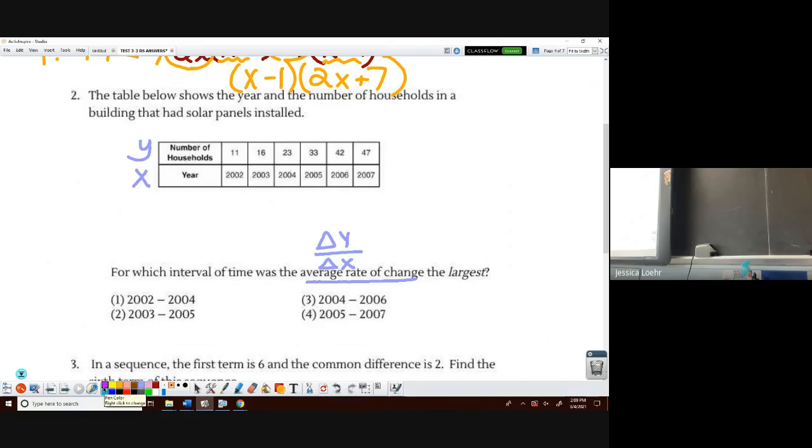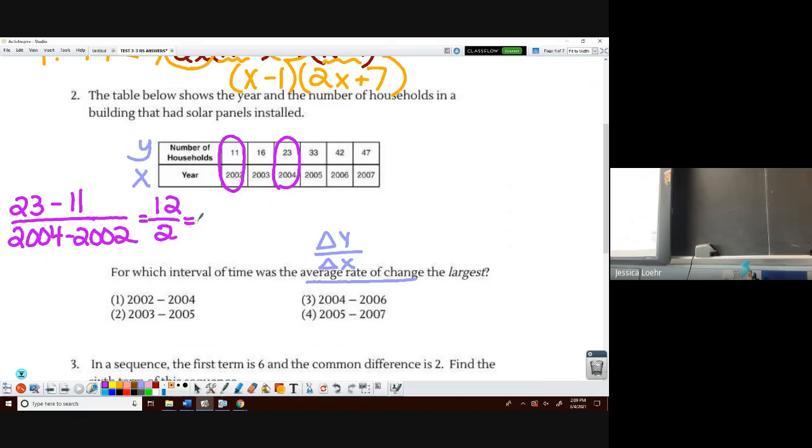So for 2002 to 2004, I'm using these 2 points. Subtracting the y's, remember these are the y's. So 23 minus 11 over 2004 minus 2002, which you can just plug right into your calculator. So this is 12 over 2, which is 6.